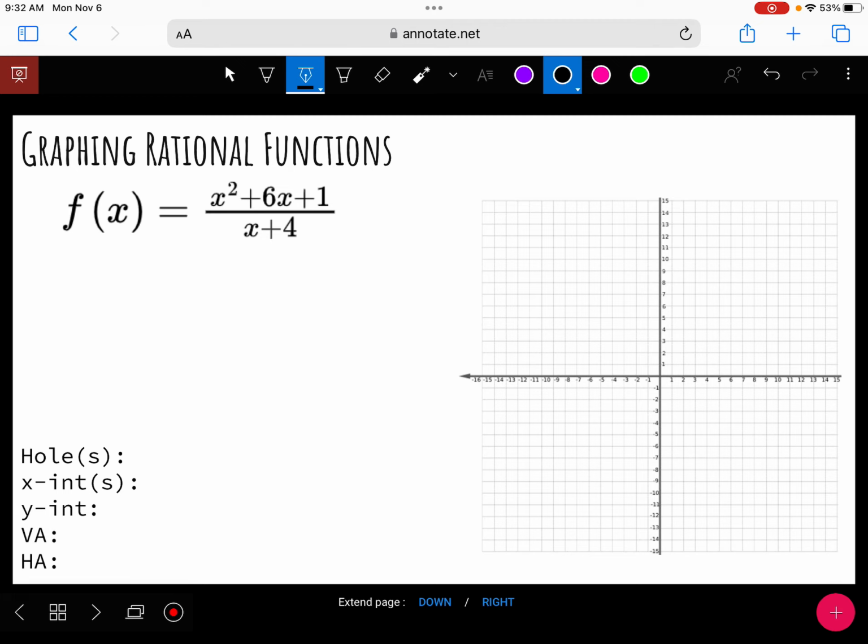Do we have to do the quadratic formula to find intercepts? I mean, it's worth a shot. So, if it won't factor, is there going to be a hole? No. Because a hole has to simplify out numerator and denominator. So, if it won't factor, all that tells us is we're not going to have a hole.